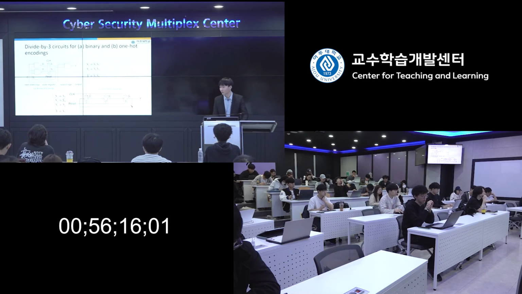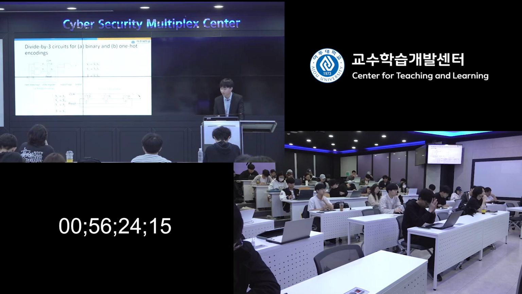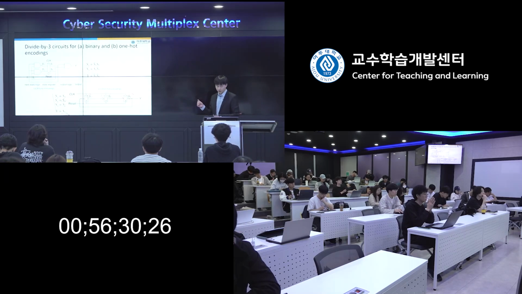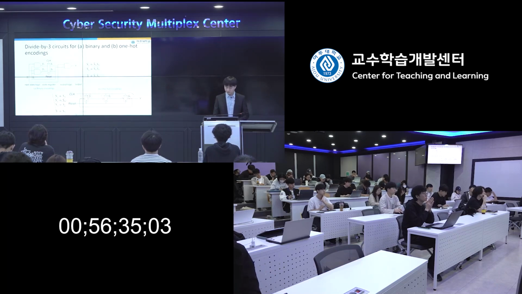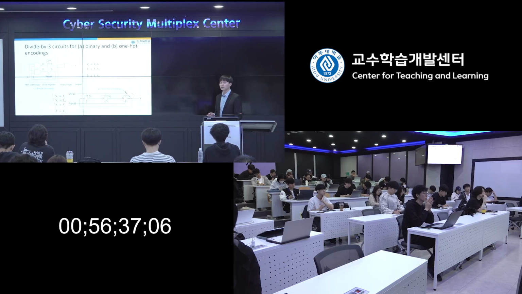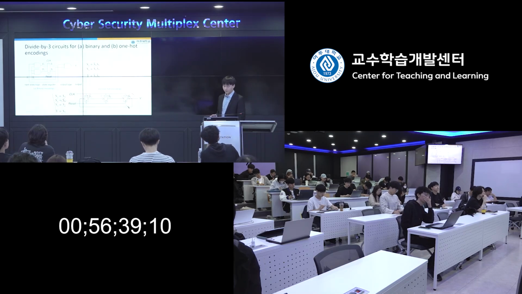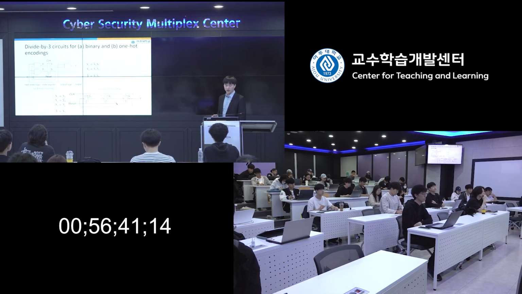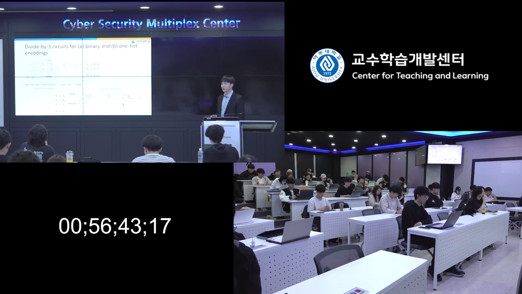In this case, you just draw 3 registers. Then the output Y is just directly S0 from this Boolean equation, right? So it's a little bit different from the binary coding. Any questions for this one-hot encoding circuit schematic?